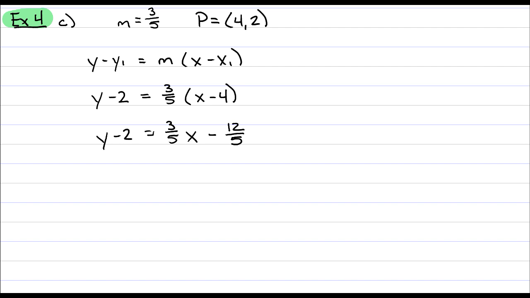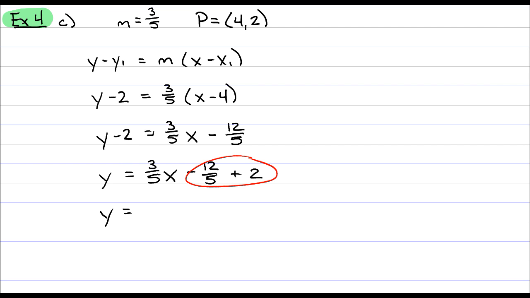Now I need to add 2 to both sides, so that's going to give me y equals 3 over 5x minus 12 over 5 plus 2. Now I would like to combine these terms. So to do that, I'm going to need to find a common denominator. That's of course going to be 5.